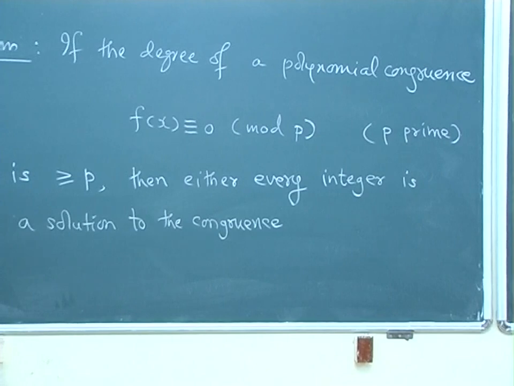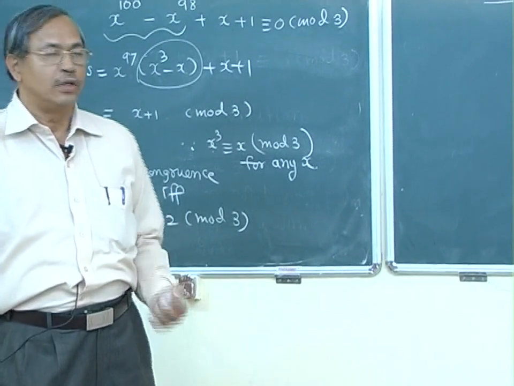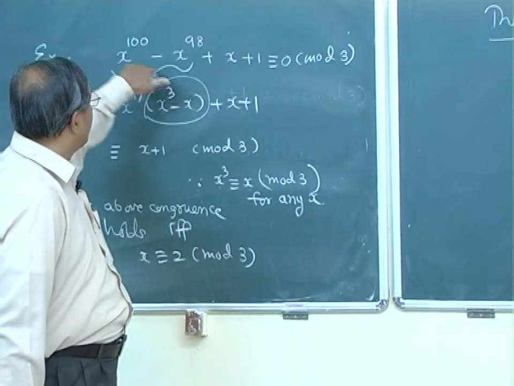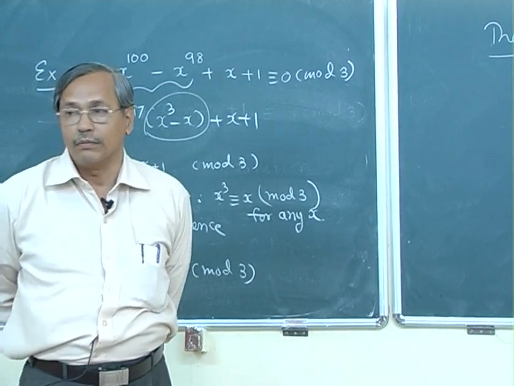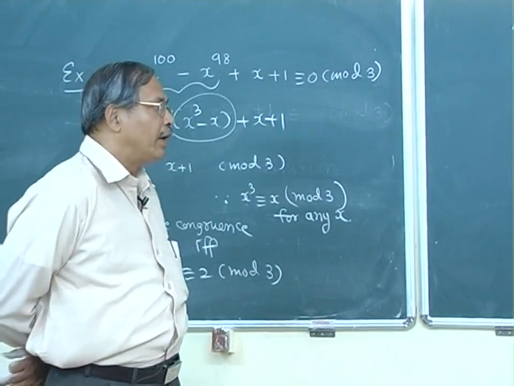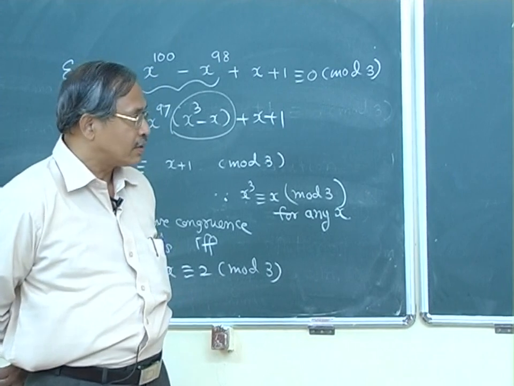like x cube minus x congruent to 0 mod p has every integer as solution, or x raised to 100 minus x raised to 98 congruent to 0 mod p, where p is 3, has every integer as solution. That can happen.